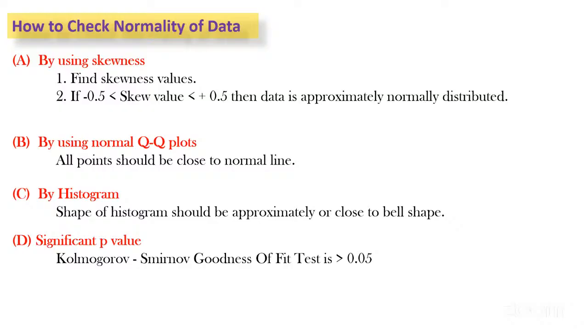This test, of course, is possible in SPSS and R only, not in Excel. That will give you statistical significance about whether the data is normal or not, because we give the conclusion using the p value, that is the significant value.